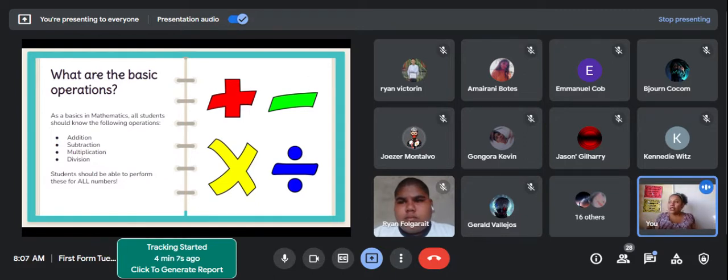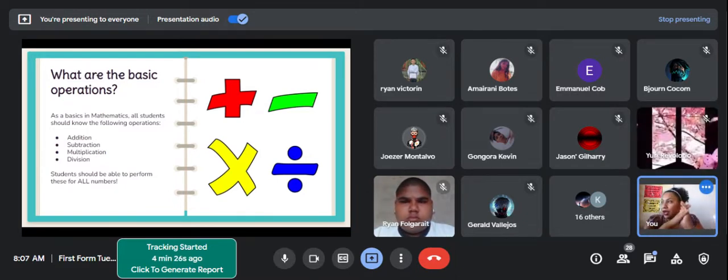But if any other math teacher were to tell you to list operations that we can do in math, you can list out these four, but you can also list out square root. You can also list out powers. You can list out fractions.